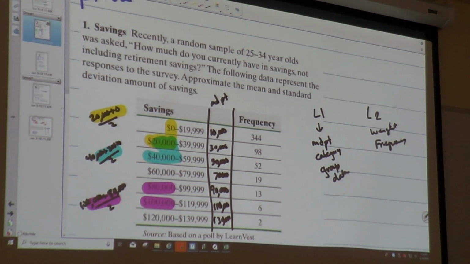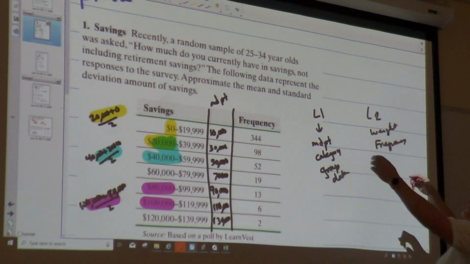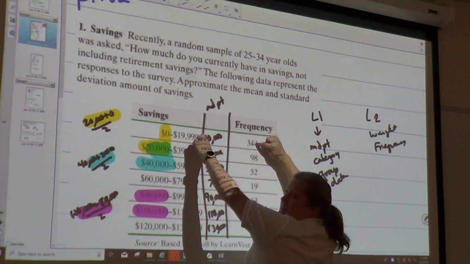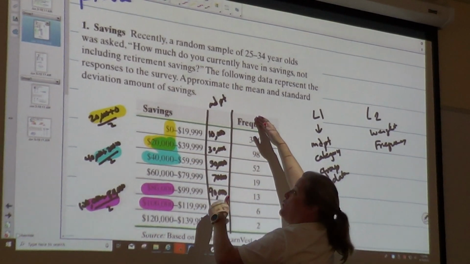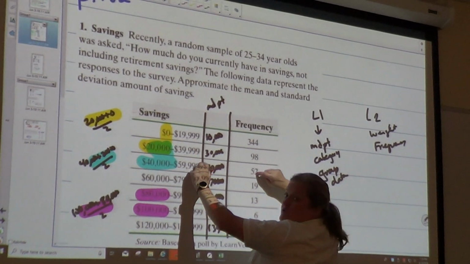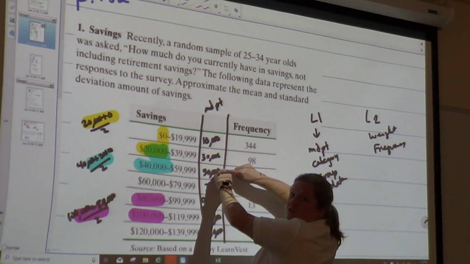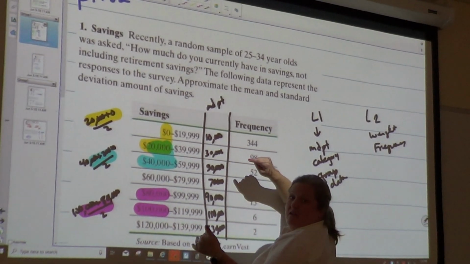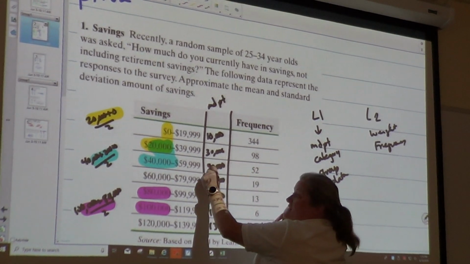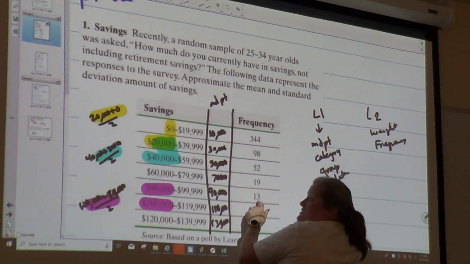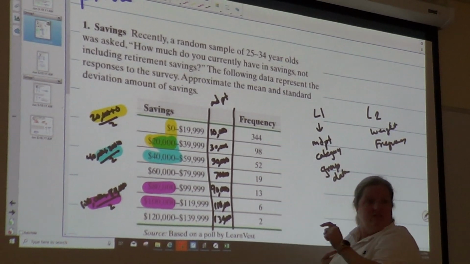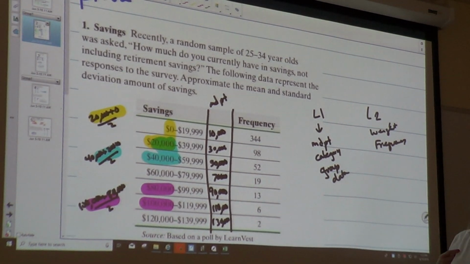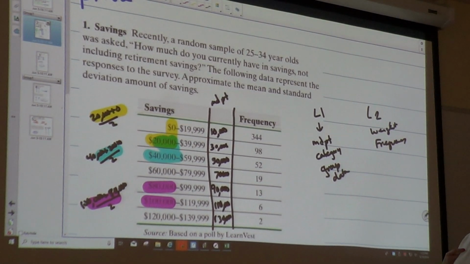Now you've got to be careful. If you type these in, this has to be beside this. If you type it out of order, you just have to make sure these two are beside each other, because these two go together now. Up until now, it didn't matter. 52 goes with 50,000. 13 goes with 90,000. Go with me? So the midpoint is L1 and frequency is L2.